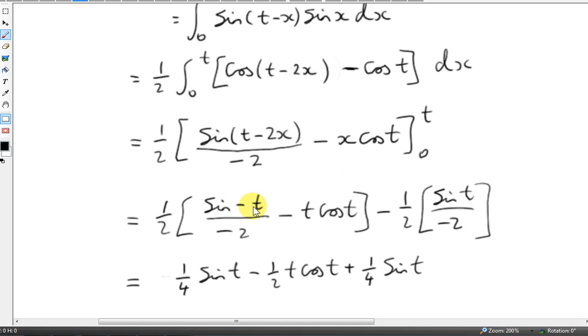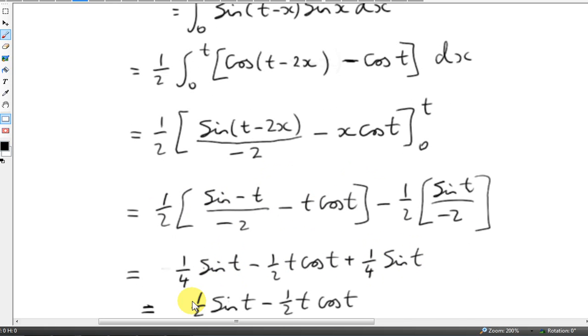Now the sine of minus t is minus sine t, and these two minuses cancel, and we get a quarter sine t. Take the half in here, minus half t cos t, minus a quarter sine t. We can add these together to get a half sine t. So eventually we end up with this, and we can put this times u of t because we want a causal function. We just want it defined for positive t.